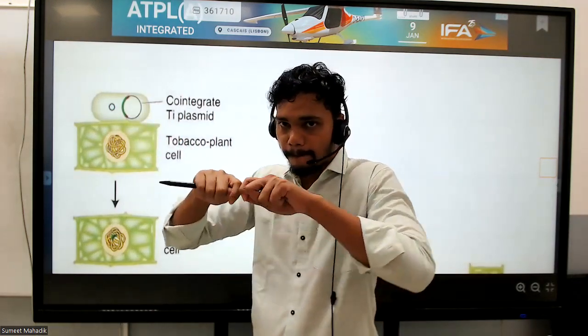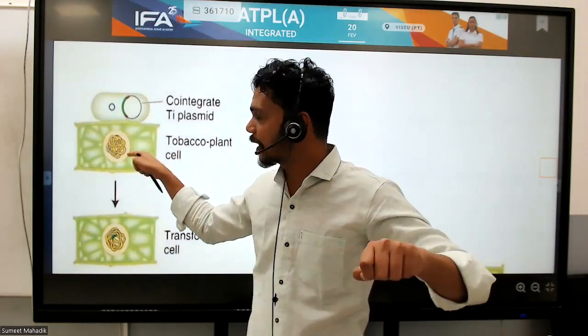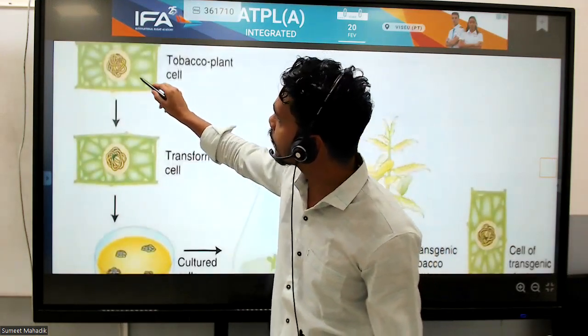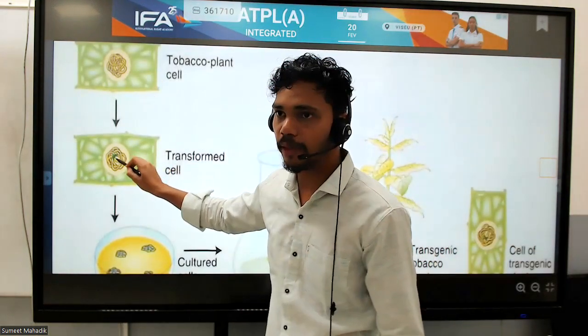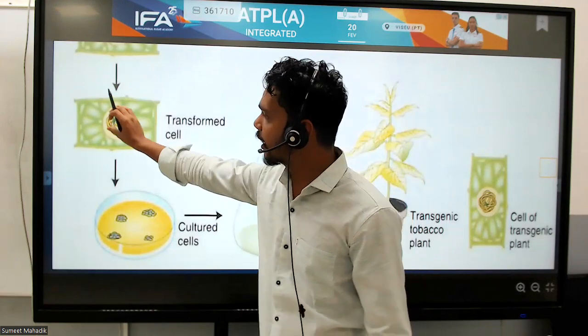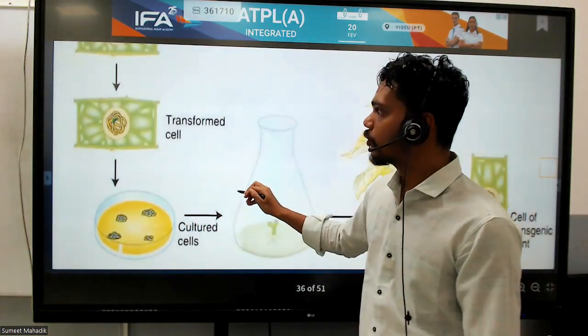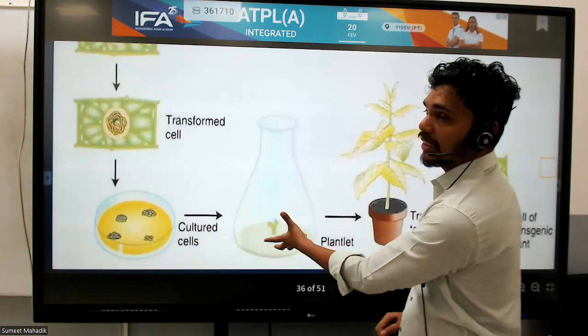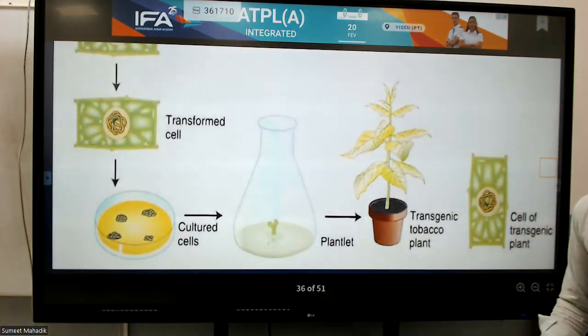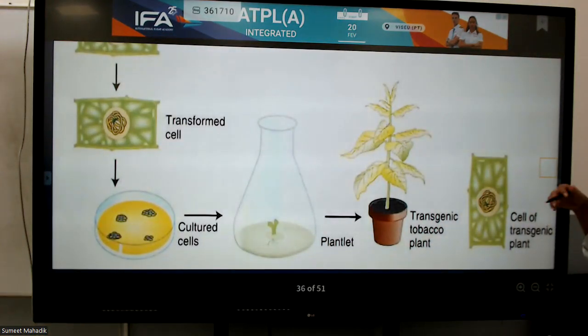It creates a cut and transfers it. Once transferred, the nucleus that could earlier be infected is now taken up and cultured. So from one cell, we form a transgenic plant. Getting my point? So this plant is now resistant towards that. Okay.